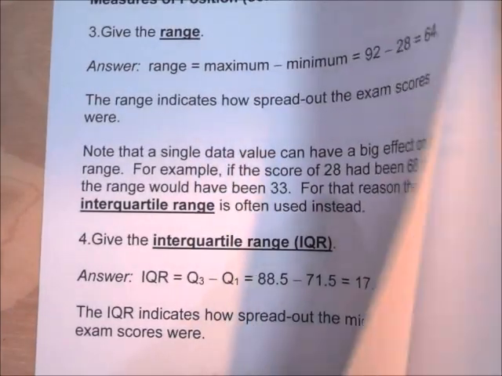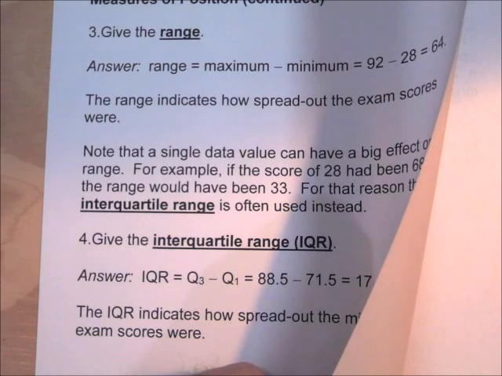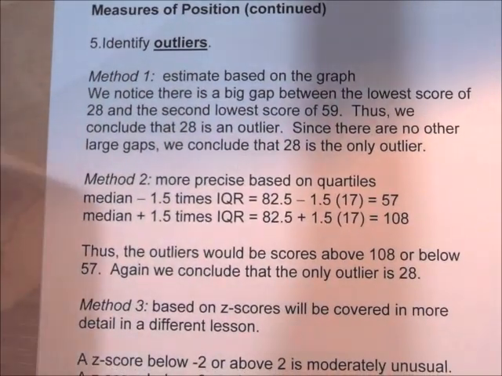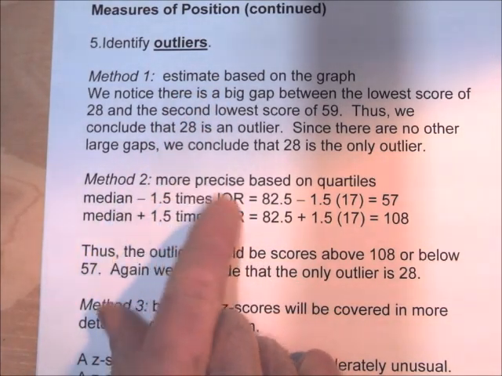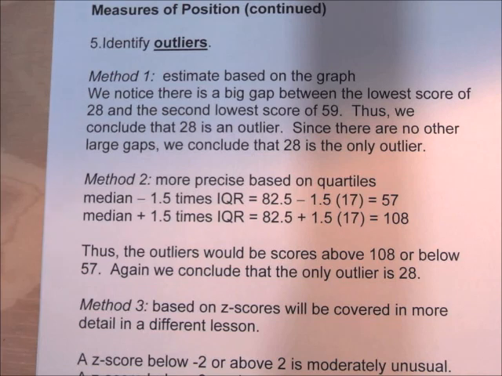Okay, so previously in our graphs we were just eyeballing the data to decide if it's an outlier. There are some more precise methods of determining outliers. So we were first just sort of eyeballing it from the graph, but method 2 is based on the quartiles.